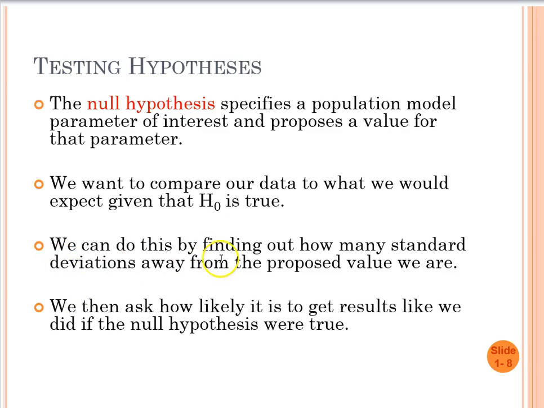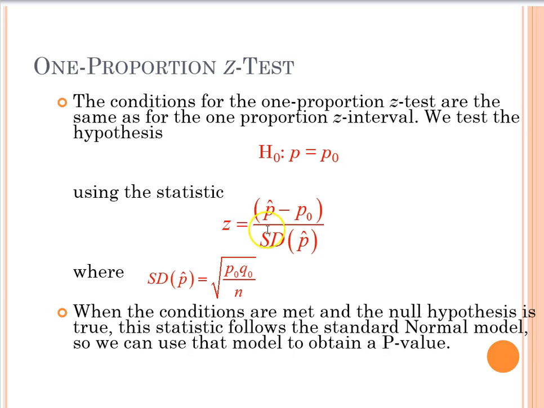We can do this by finding out then how many standard deviations we are from the proposed value. So how many standard deviations that sample is from the true parameter, or our assumed parameter. We do this using a z-test then, as I stated before, and this is essentially how you do it.